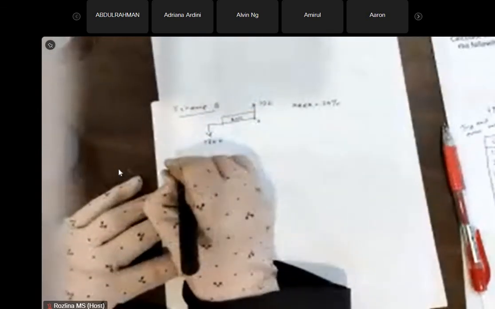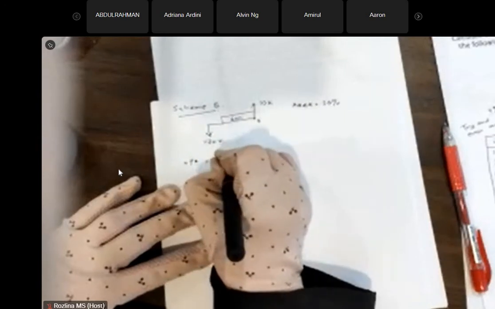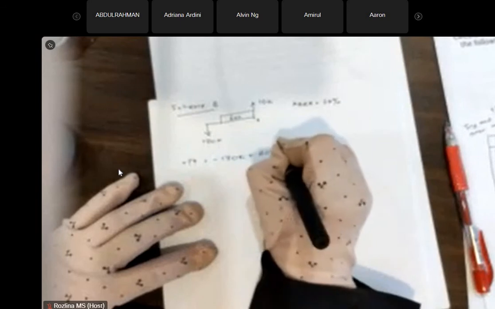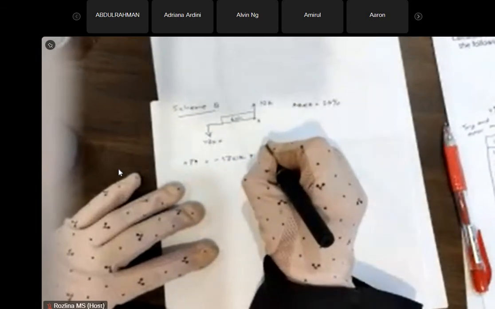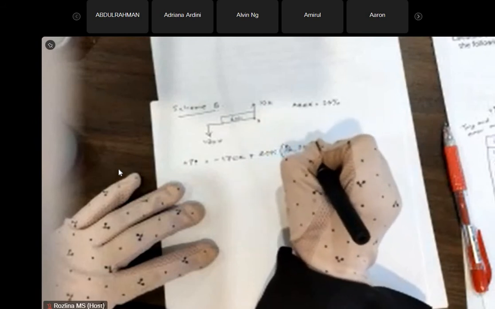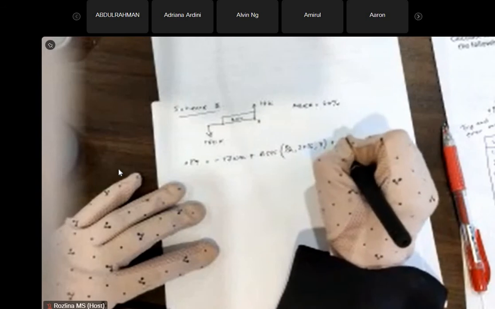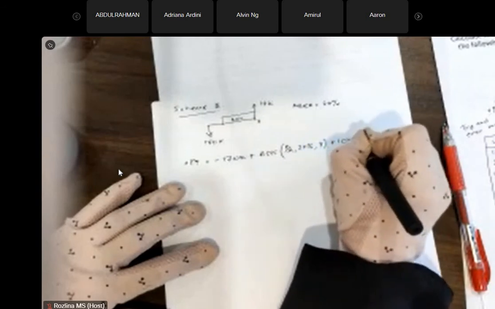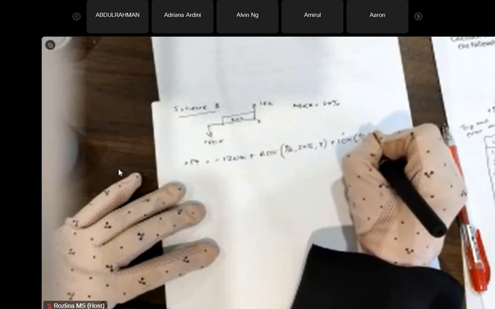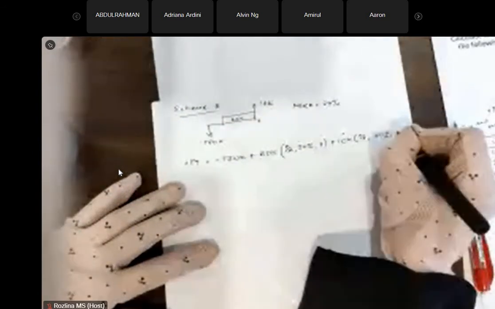Same as before. P is 170. This one is A, so P over A, 20%, for 7 years, plus 10 as F, so P over F, 20%, 7.